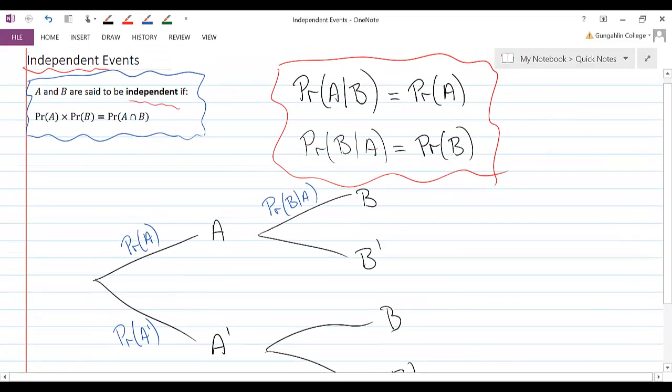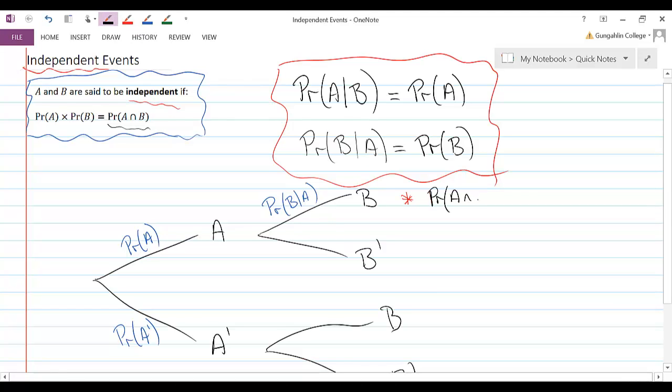Now, if you look at our independence definition, the probability of A times the probability of B equals the probability of A and B. The probability of A and B is represented by reaching this location on the probability tree: A happened, then B happened.